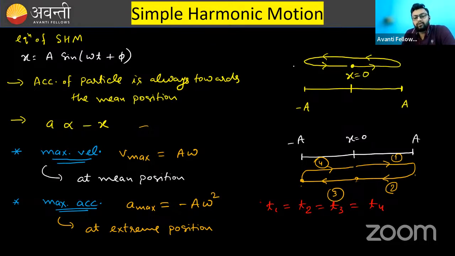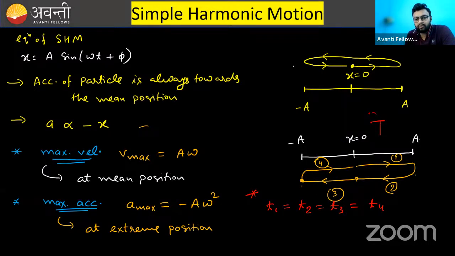This is a very good punchline actually. We have broken one oscillation into four parts, and you can easily remember these four parts. The time taken to travel in all these four parts is equal.